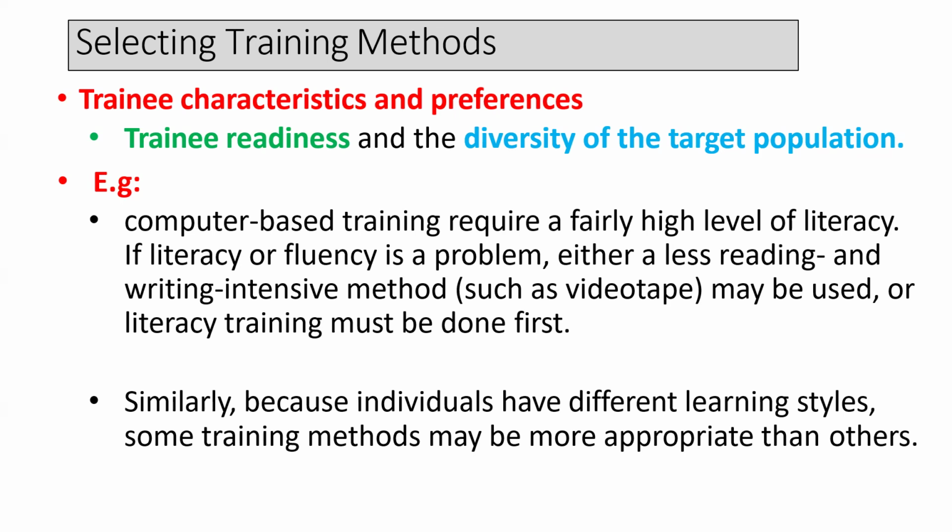So training characteristics is a significant factor to select the training method, and also preferences sometimes, as I told you. Learners or the trainees may have different preferences depending on their learning style, depending on their learning behavioral type.